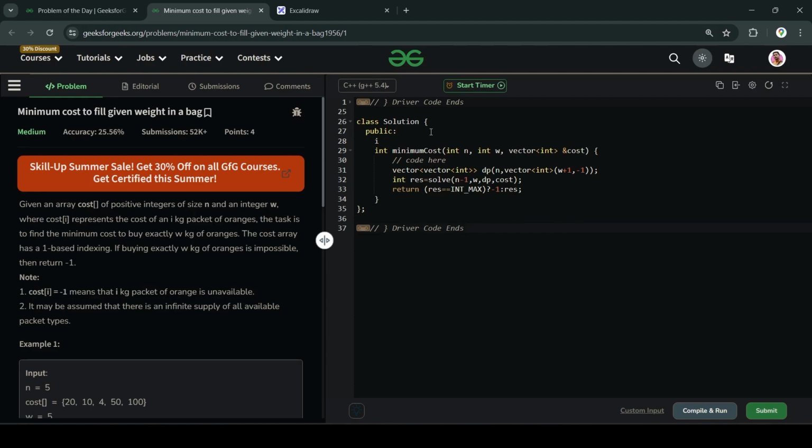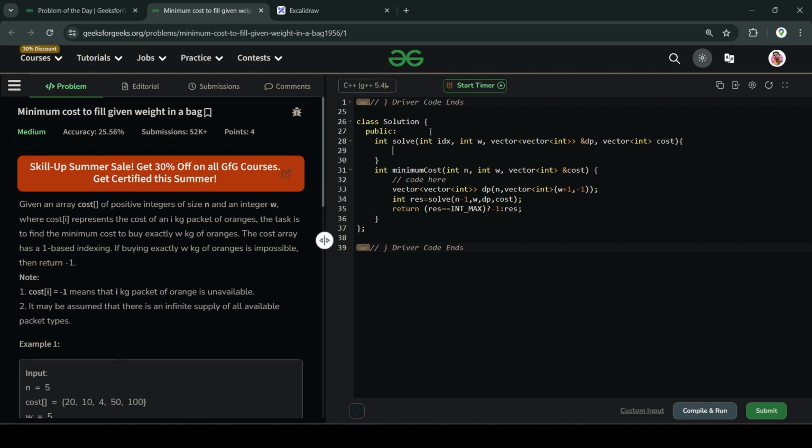Now in solve it will be int index, sorry, and then int weight, then vector int dp, obviously passed by reference, and vector int cost.